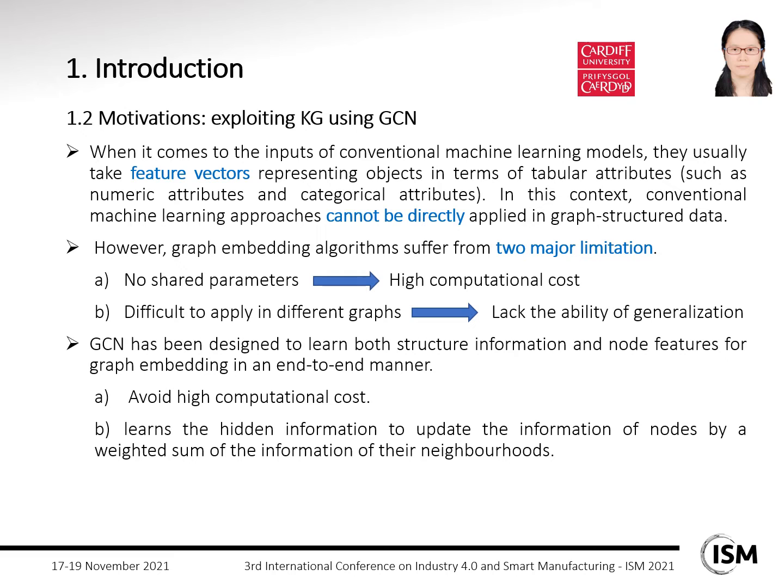In this context, GCN avoids traversing all possible orders for presenting a graph completely, which leads to the high computational cost. Secondly, each node of the graph is propagated with the shared parameters between nodes, which also avoids high computational costs. Thirdly, unlike conventional graph embedding methods, where the state of the edge is represented as the state of the connected nodes, GCN learns the hidden information to update the information of nodes by a weighted sum of the information of their neighborhoods.